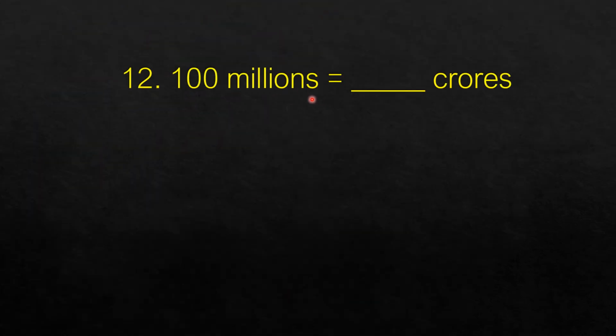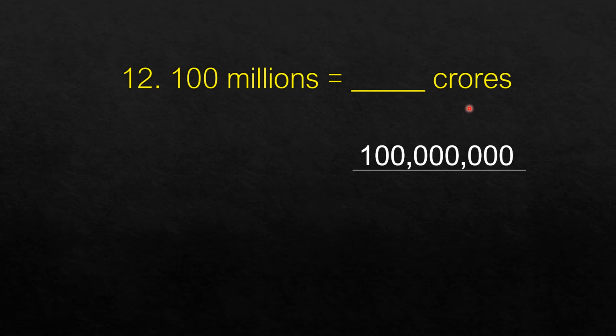Now this is an international system. 100 millions equals dash crores. We are comparing the international system and the Indian system. So first we write 100 millions, then crores. In 100 millions, how many zeros are there? 3, 3, 2.